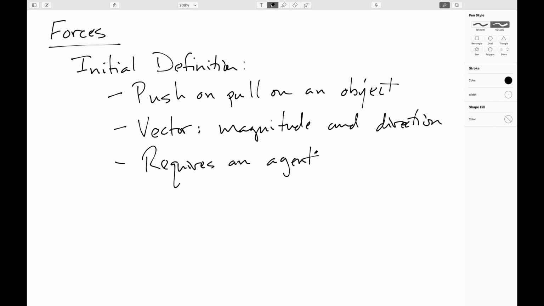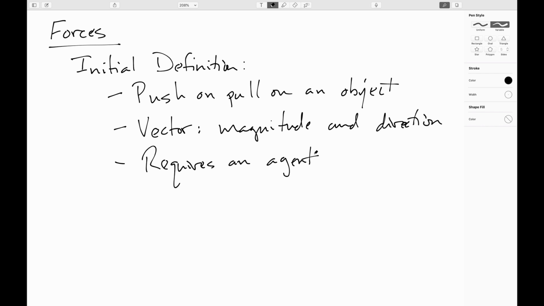Or another example might be a rope pulling on a box. The rope is pulling on the box. Even for things like gravity, if we think about it carefully, we realize that the earth is pulling down on something. So it turns out that every force has an agent.